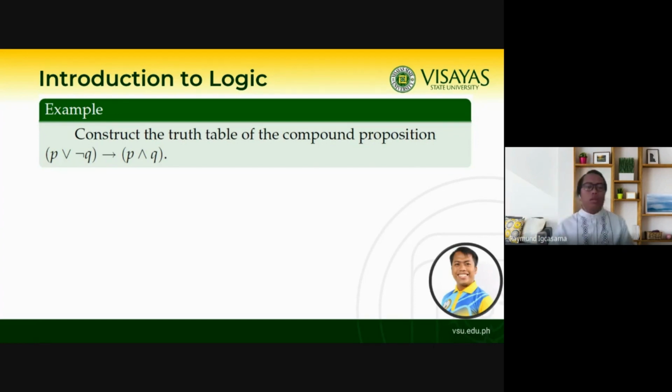Anyway, okay, so let's try to construct the truth table of the compound proposition. This is read as, again, P or not Q implies P and Q. Okay, so I will check.